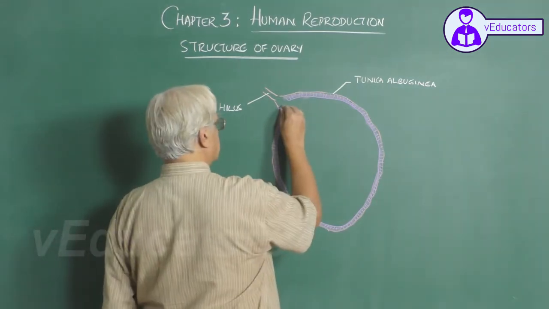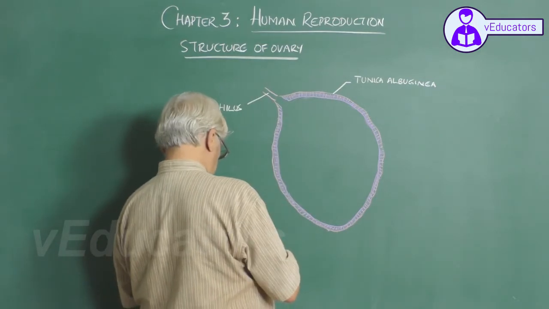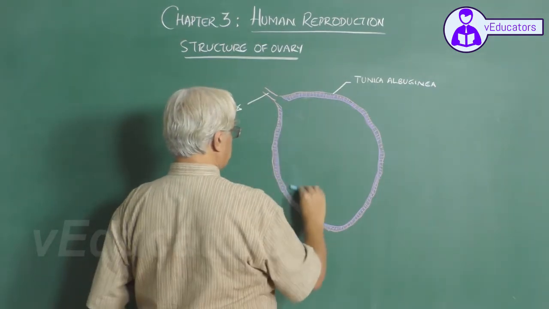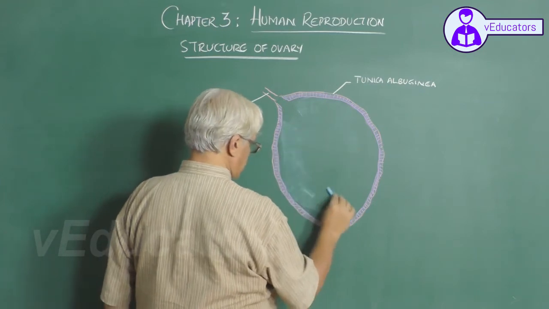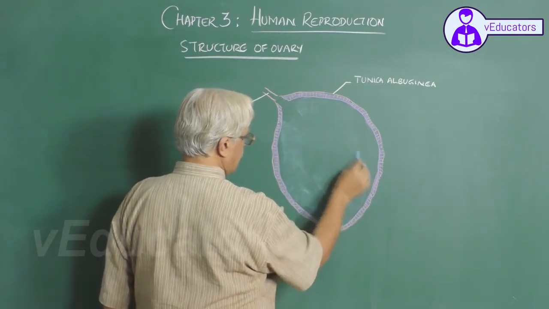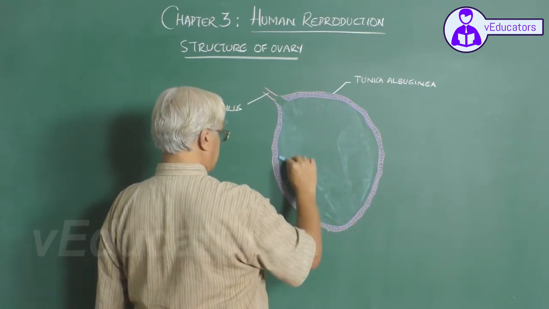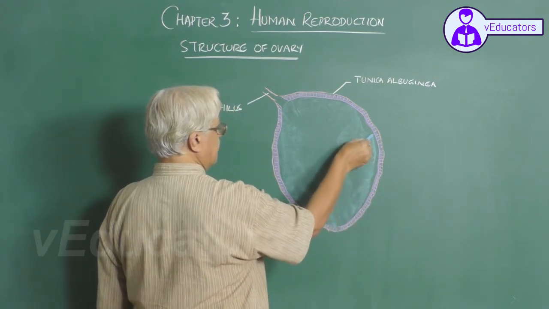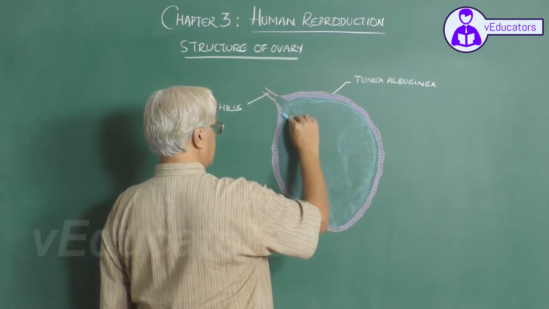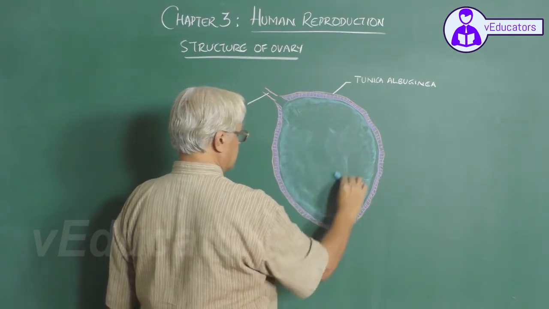Interior of the ovary is filled with a connective tissue. This connective tissue is dense towards the periphery and thin towards the center.